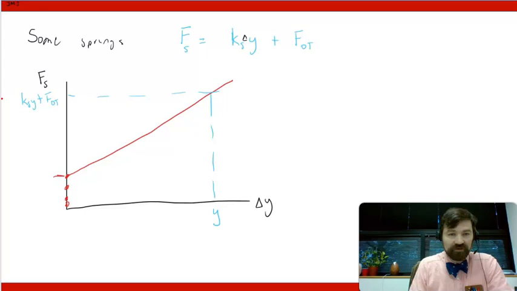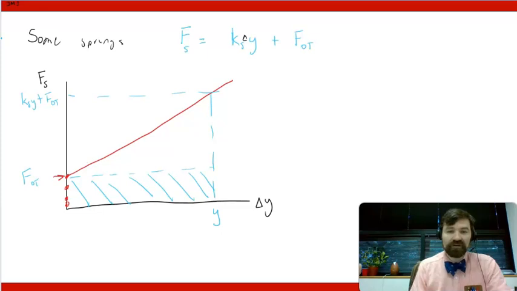And this value right here would be my F internal tension. Essentially, the way that you could go about solving for this is you could split it up so that you have a rectangle here, whose area you can find, and then you have a triangle here, whose area you can find. And this is just going to be always a right triangle.